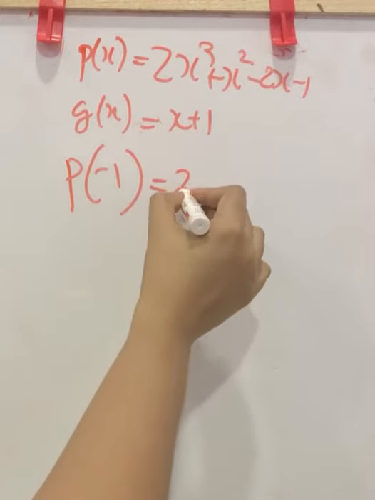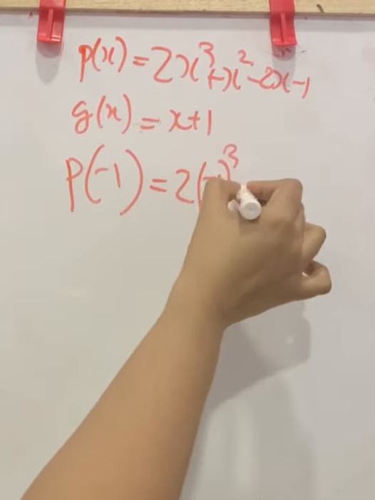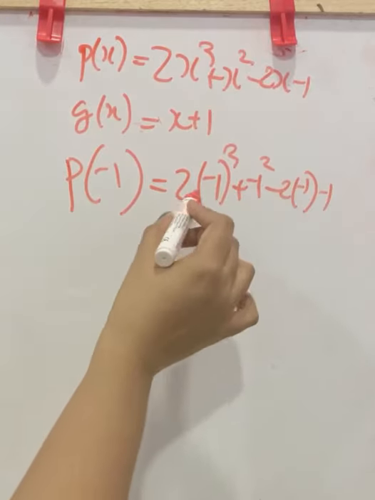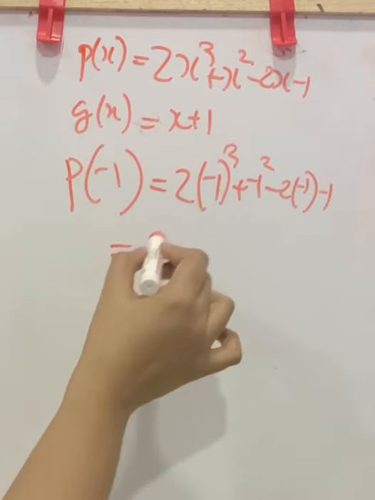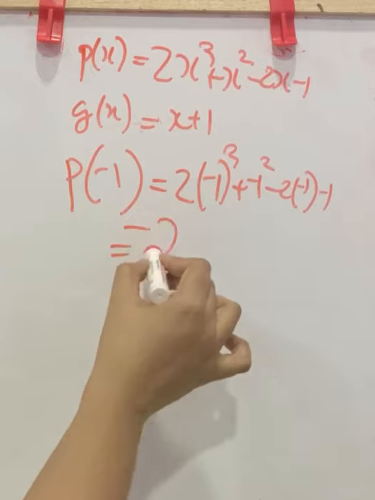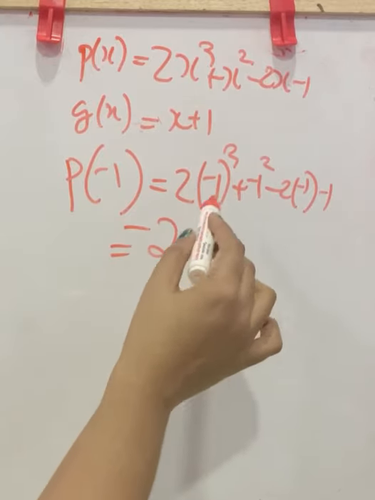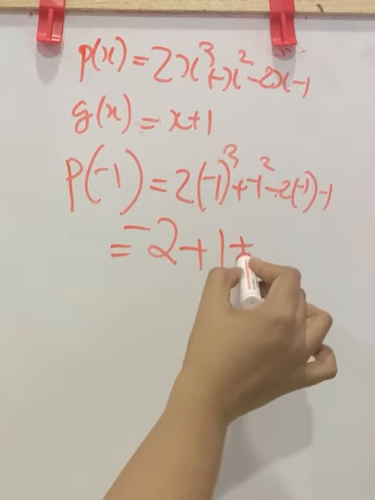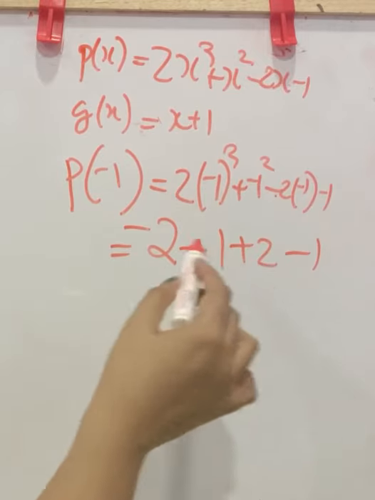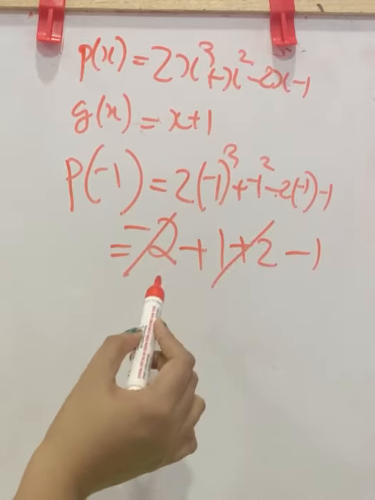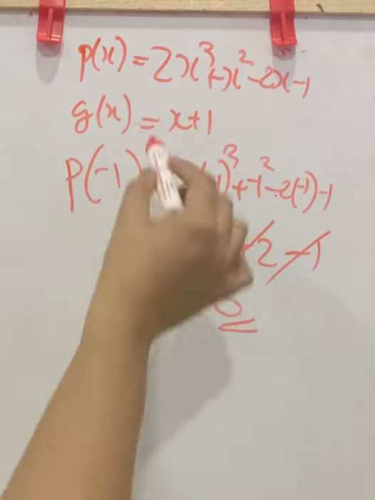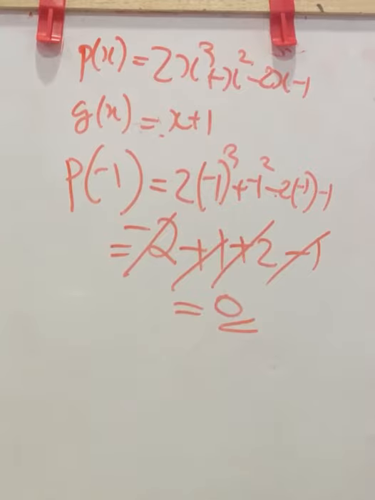So this becomes 2 into minus 1 cube plus minus 1 square minus 2 into minus 1 minus 1. Minus 1 cube is minus, so 2 into minus 1 is minus 2. Minus 1 square is positive 1, so positive 1. Minus 2 into minus 1, positive 2. Minus 1. Negative 2 and plus 2 are additive inverses, plus 1 and negative 1 are additive inverses, the result is 0. Yes, this is a factor of this polynomial.